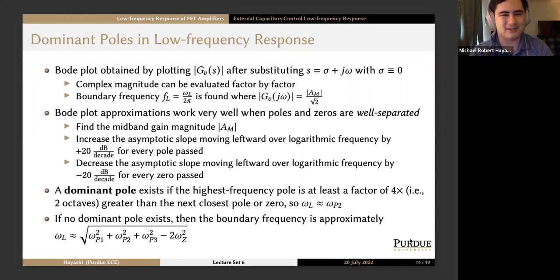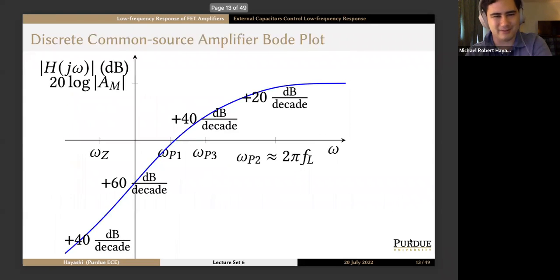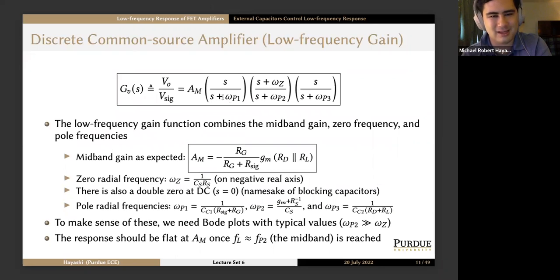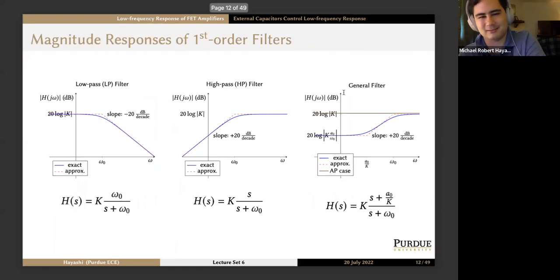So complex magnitude can be evaluated factor by factor. That's why we were able to just look at the magnitude of A_M: take the absolute value of this term, the modulus of s over s plus omega P1, the modulus of s plus omega Z over s plus omega P2, and the modulus of the last term as well.